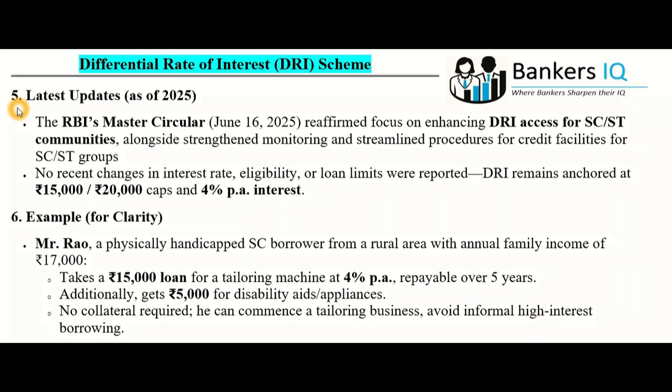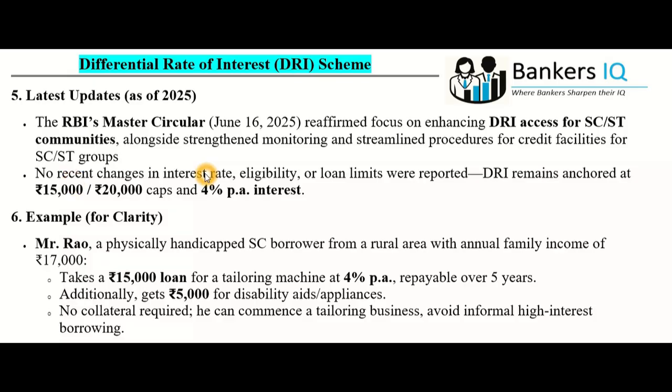The fifth point is latest updates. As of 2025, August 20th, the Reserve Bank of India's Master Circular, June 16, 2025, reaffirmed focus on enhancing DRI access for SC/ST communities alongside strengthened monitoring and streamlined procedures for credit facilities for SC/ST groups.